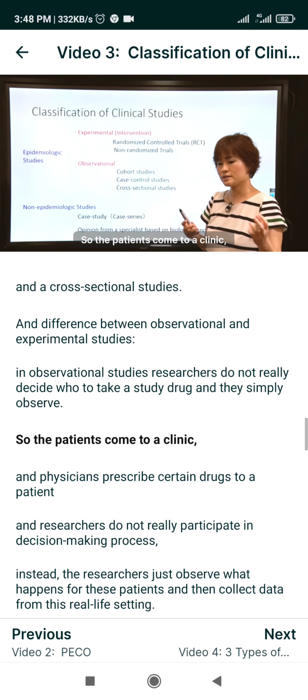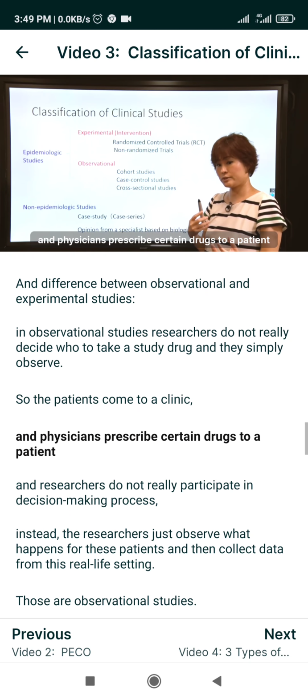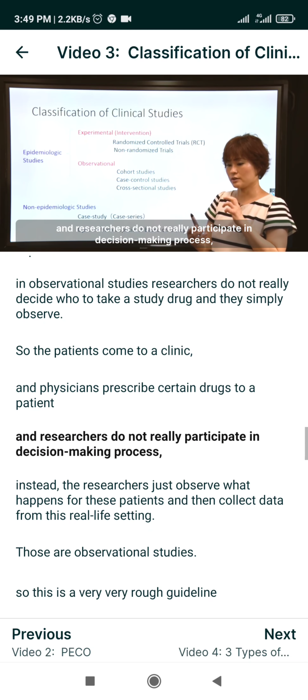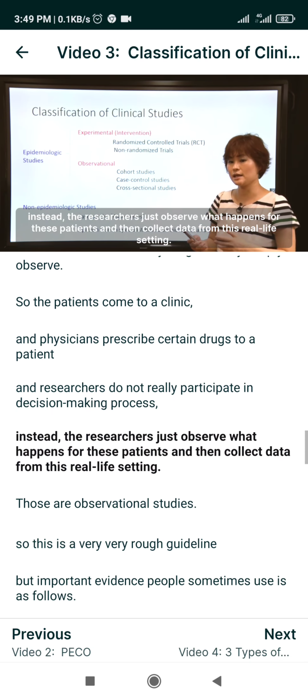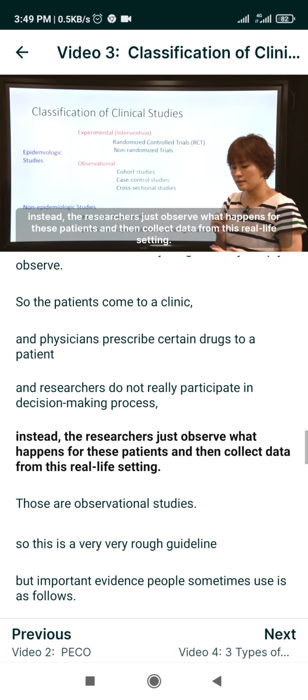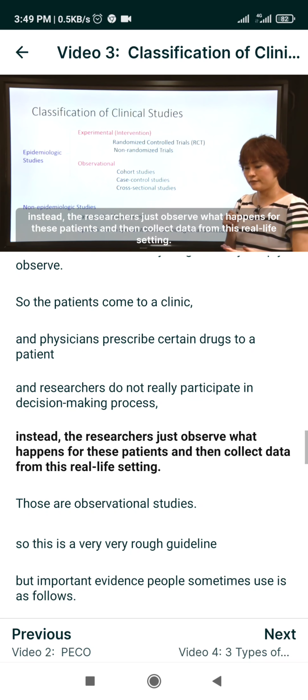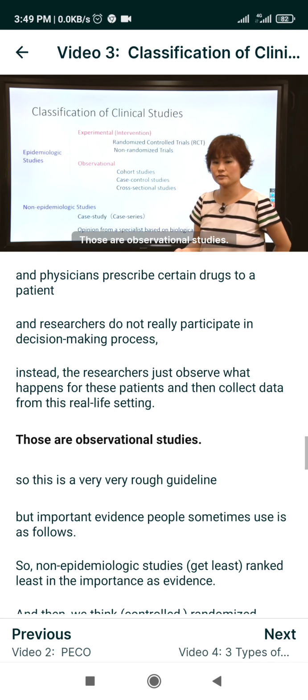The patients come to the clinic, and the physician prescribes a certain drug to patients, and researchers do not participate in the decision-making process. Instead, the researcher just observes what happened to these patients, and collects the data from this real-life setting. Okay, so those are observational studies.